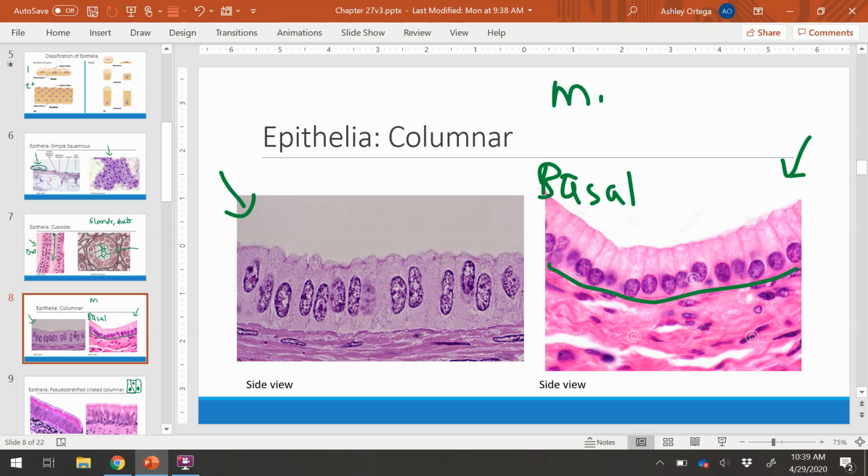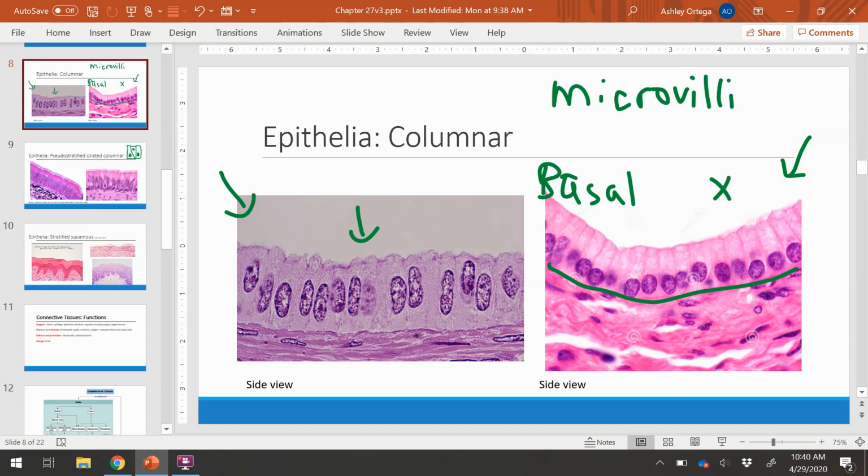Remember, those tiny hair-like projections on the cell are called microvilli. Those are usually pictured as well. I think you might see some here. It's very hard, but this one here does not have that.